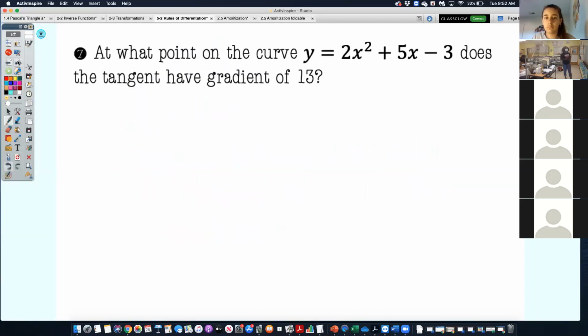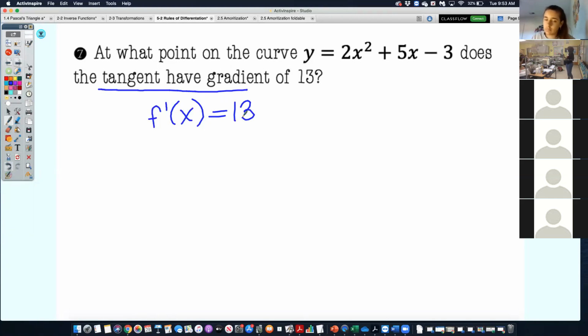Here's another example. At what points on the curve of y equals 2x squared plus 5x minus 3 does the tangent have a gradient of 13? That means the derivative is equal to 13. Because again, the derivative represents the slope or the gradient of the tangent line.